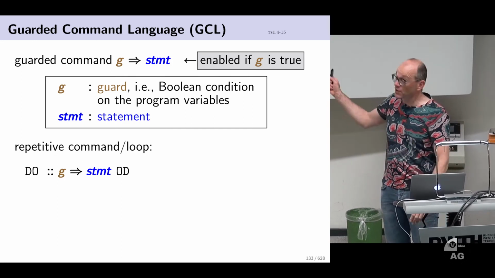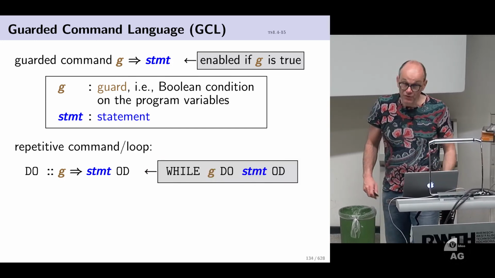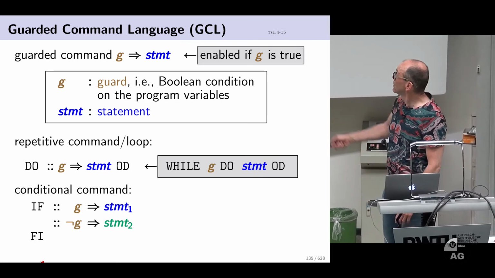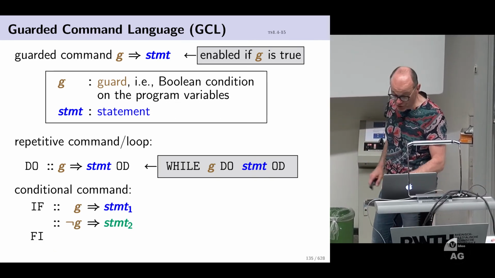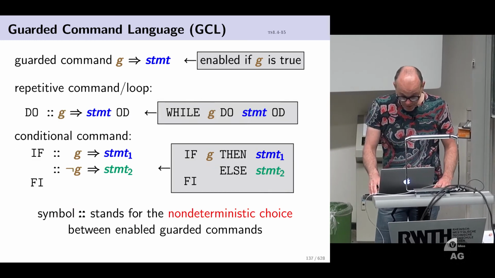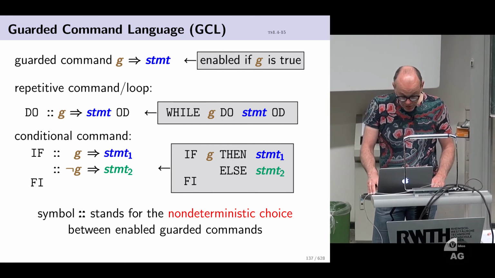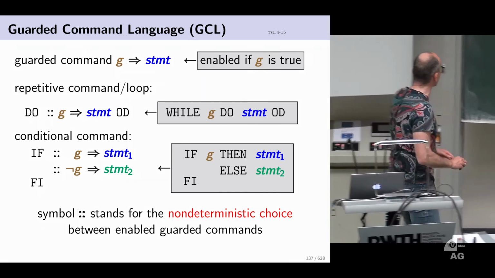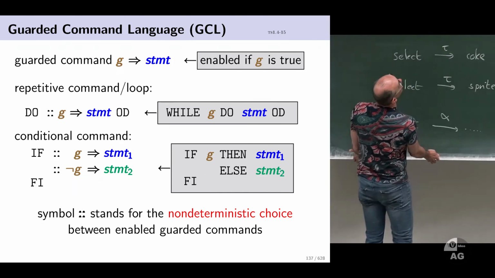In Dijkstra's notation it's like this. That's the way I would write it down probably. If-then-else: if G holds, statement 1, if not G, statement 2. So you can write this down like this. This symbol stands for a non-deterministic choice. In particular, what you can write down in Dijkstra's notation is something like this.